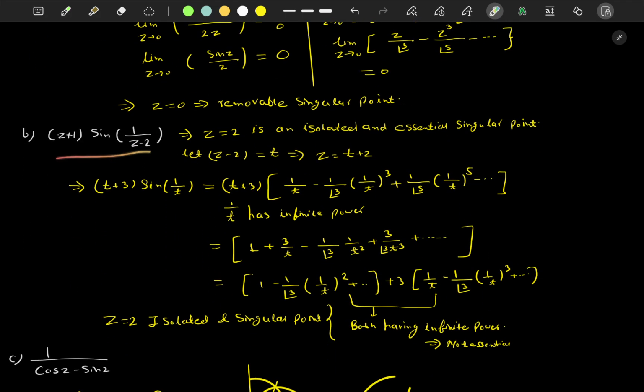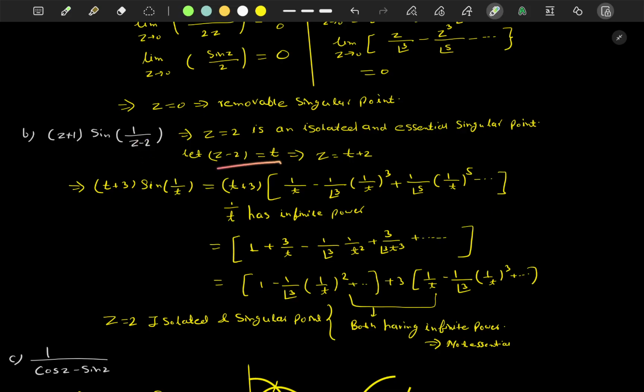Now we have another function, (z plus 1) sin of 1 upon (z minus 2). So z equal to 2 is an isolated and essential singular point, you can see. Now how will you solve it, how can you get the limit of that function? You can solve it directly also, but we are using a variable t here.